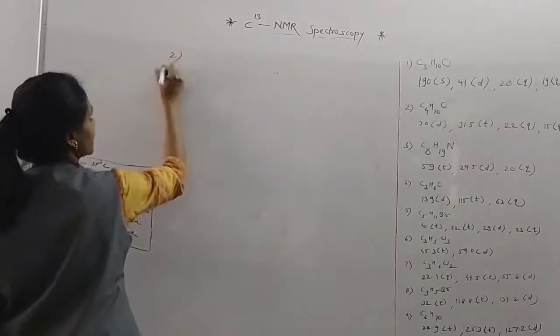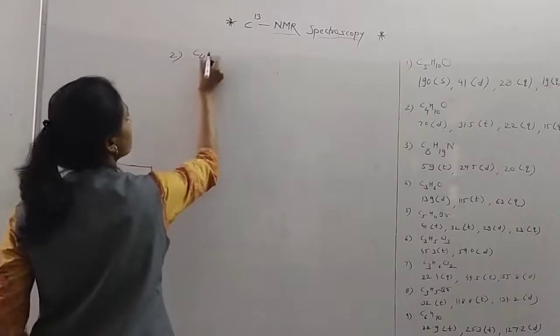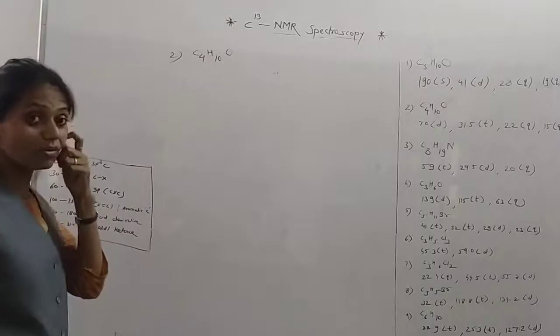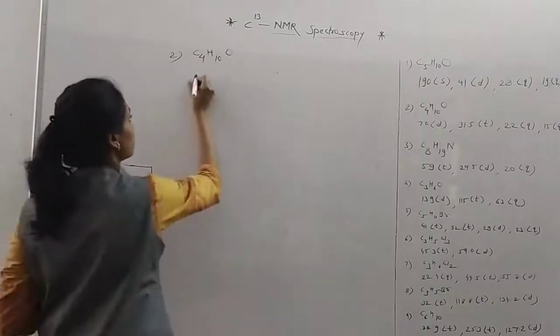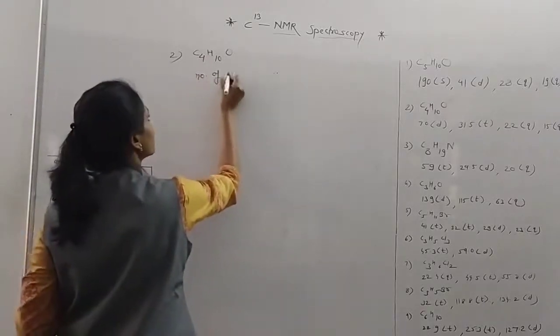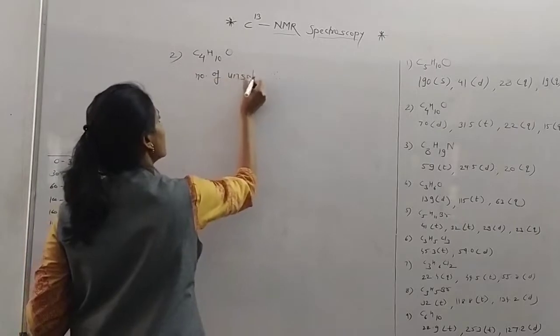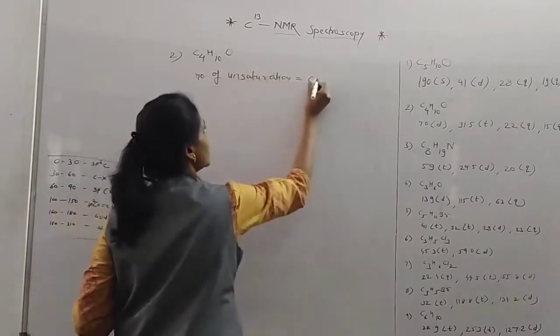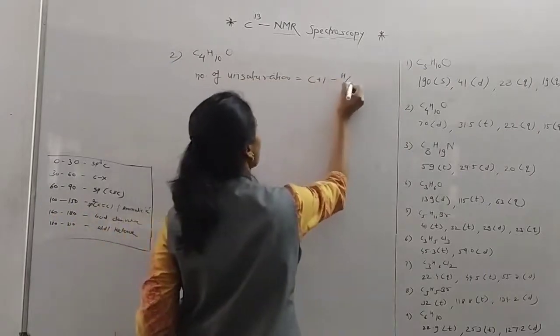The second problem we have taken is C4H10O. First of all, calculate the number of unsaturation: C plus 1 minus H by 2.